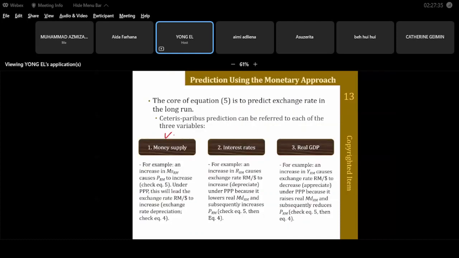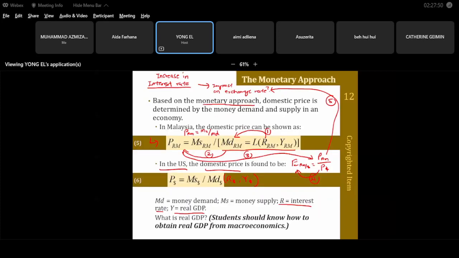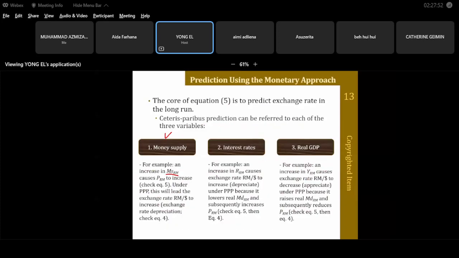Money supply. On this next slide, it shows, for example, an increase in money supply, the increase in Malaysian ringgit. What will happen to this ratio? Let me write here: the price in Malaysian ringgit equals money supply over money demand.